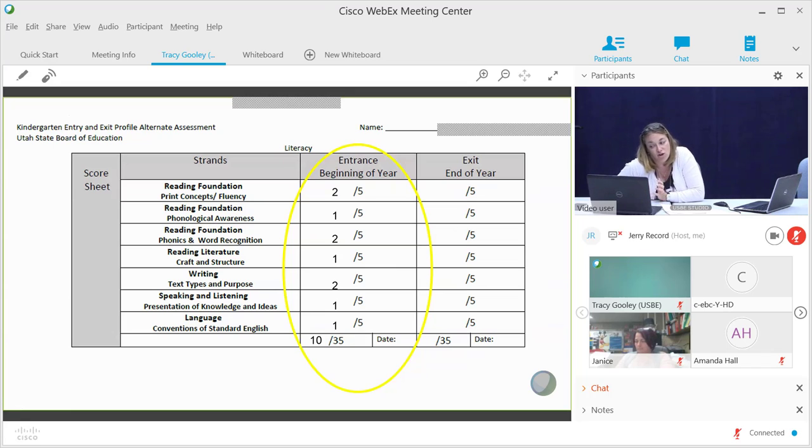So for right now, we just know we've got 10 out of 35. So I want to kind of pause for a moment and see if anyone has any questions or concerns about how you would look at scoring. I'm not seeing anything pop up in the chat box.